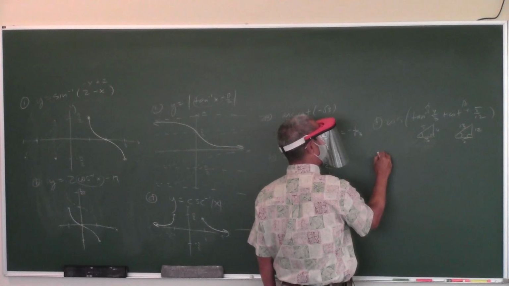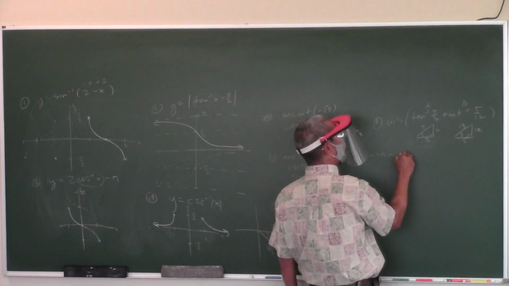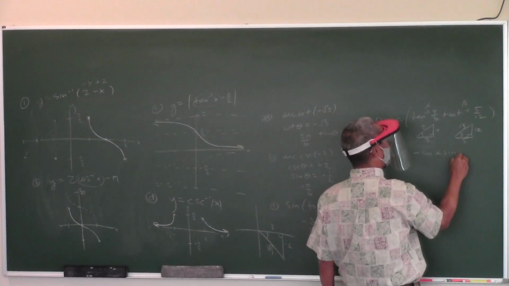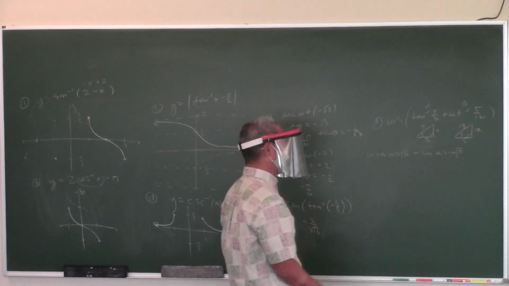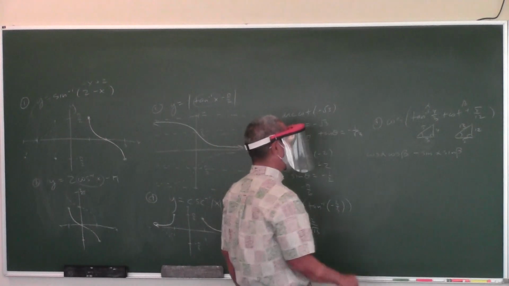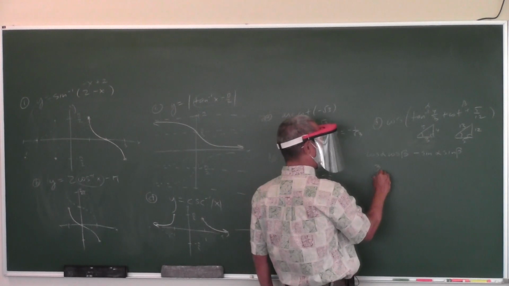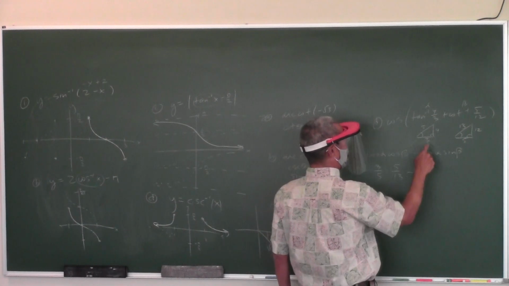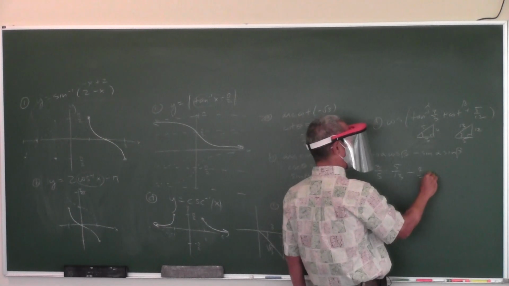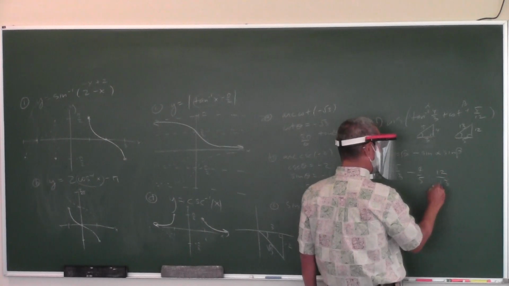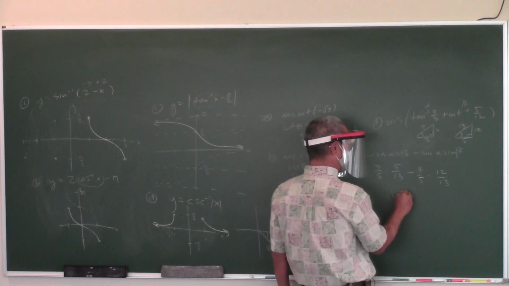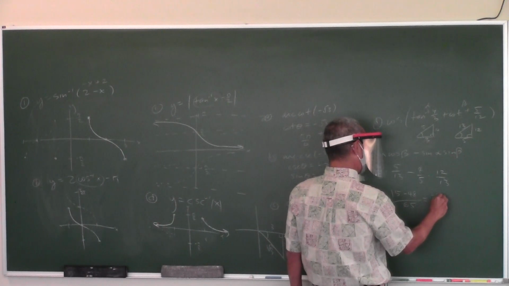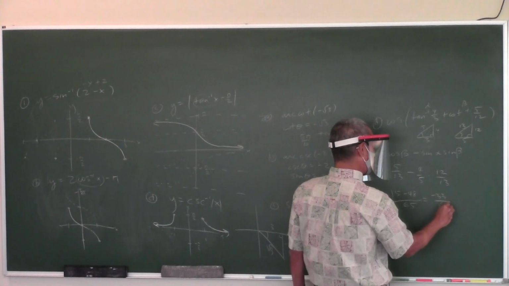Cosine of the first, cosine of the second, minus sine of the first, sine of the second. This is your identity. Then just look at those triangles. Cosine of this, adjacent over hypotenuse. Cosine of that, adjacent over hypotenuse. Sine of this, opposite over hypotenuse, and then opposite over hypotenuse. So what is that? 15 minus 48 over 65. Final answer, negative 33 over 65.